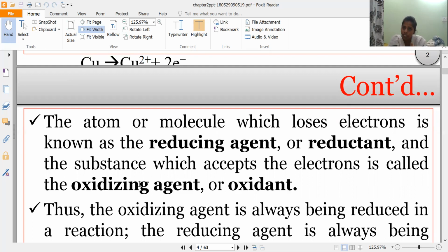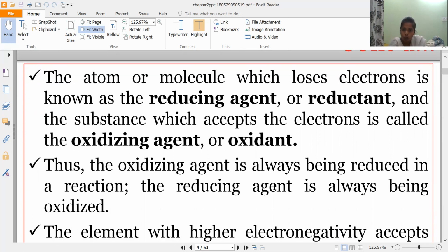Whatever substance undergoes reduction is the oxidizing agent. Whatever substance undergoes oxidation is the reducing agent. Thus, the oxidizing agent is always being reduced in a reaction. The reducing agent is always being oxidized.